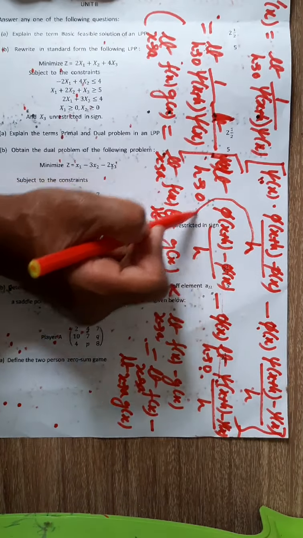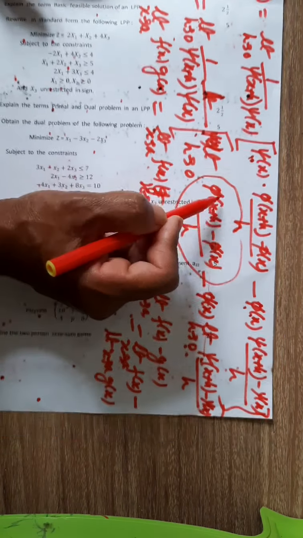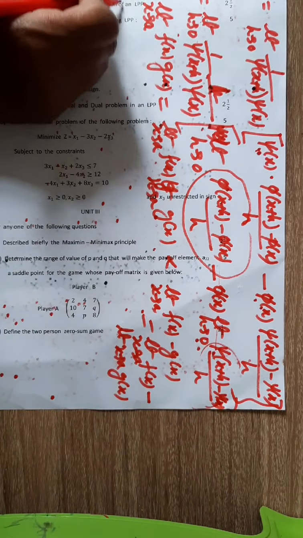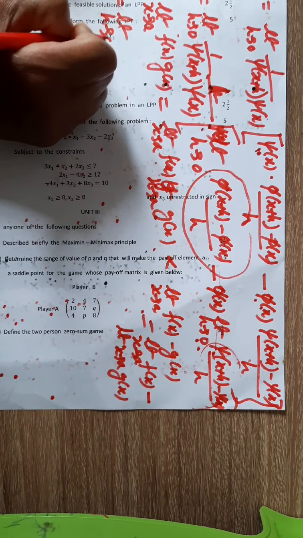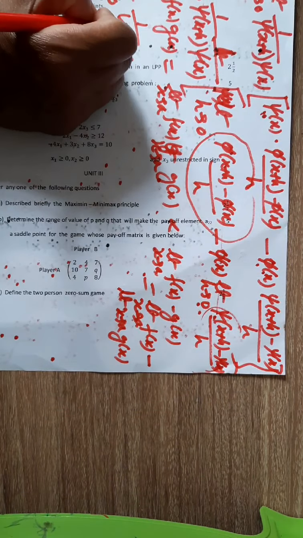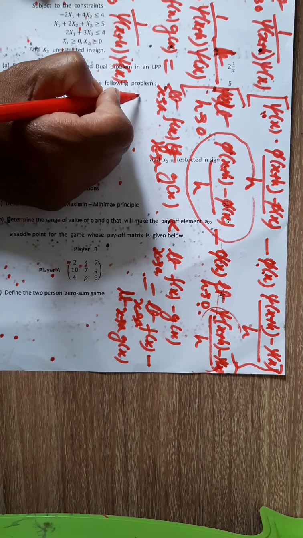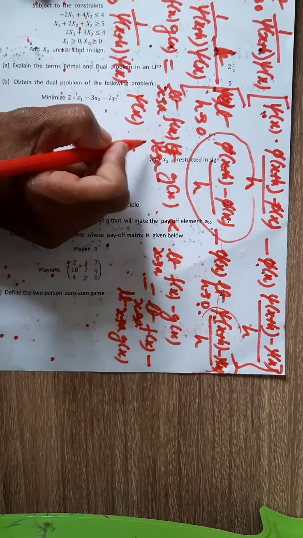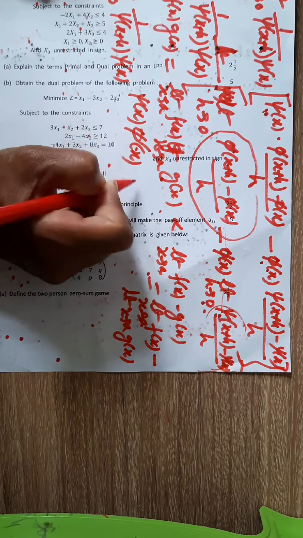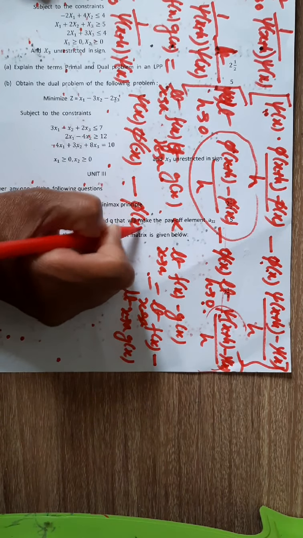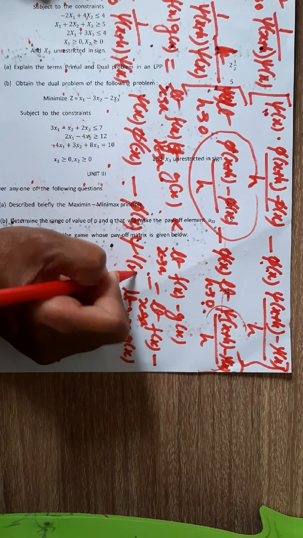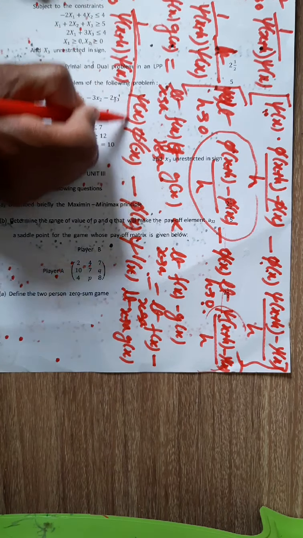So now you can see that this one is nothing but phi prime of x and this is psi prime of x. So finally it is limit h tends to 0, 1 by psi of x plus h psi of x into this one, psi of x phi prime of x, minus this one, phi of x into psi prime of x. The denominator is this one.